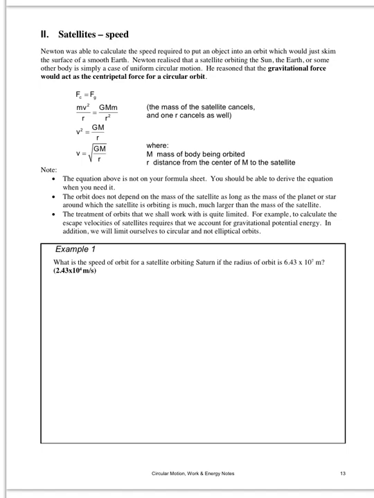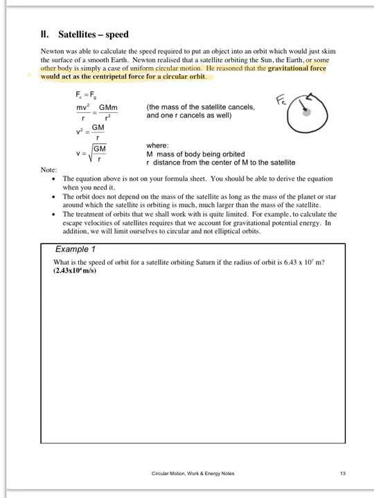Okay, so again, if something is orbiting another object, so if this was our Earth and we have something orbiting, he says that this is uniform circular motion where we have a centripetal force.